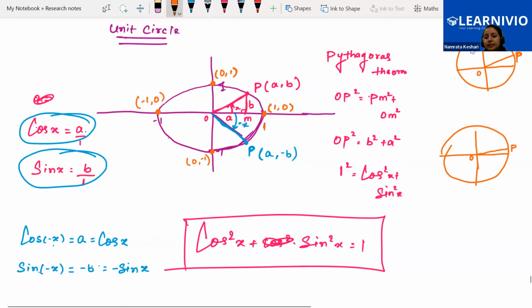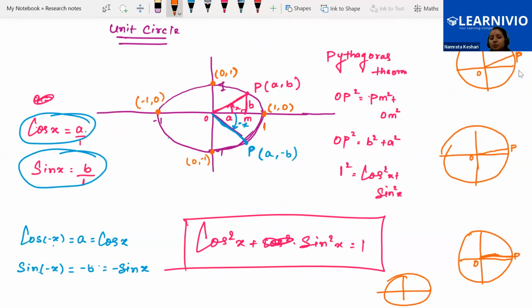Then in the next scenario, we will be taking OP more closer, very sharp. Still it is OP. We have to make the line slant. Don't get confused. We will continue the same pattern and we will just merge it.